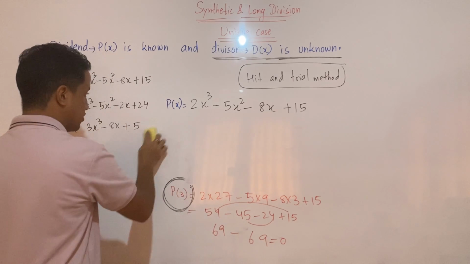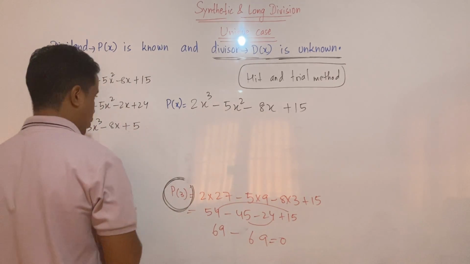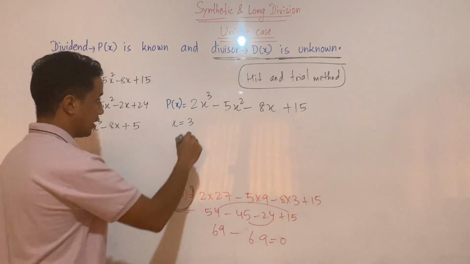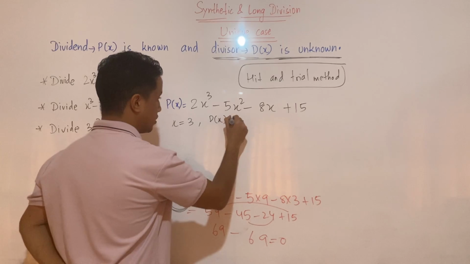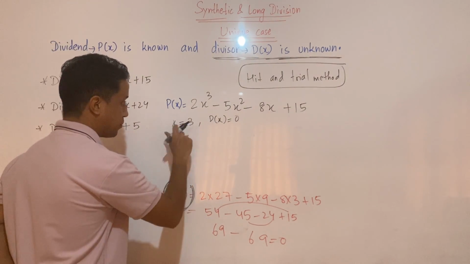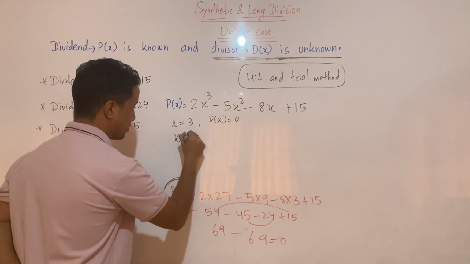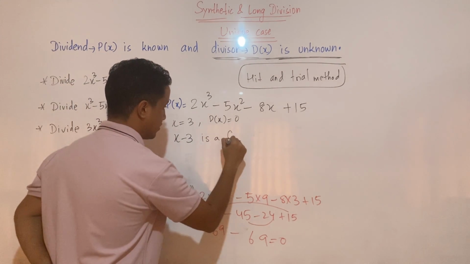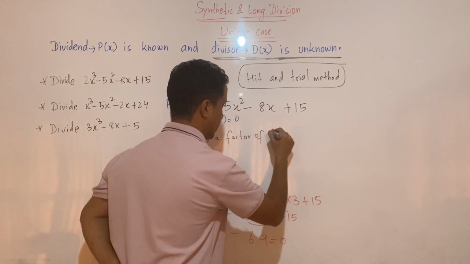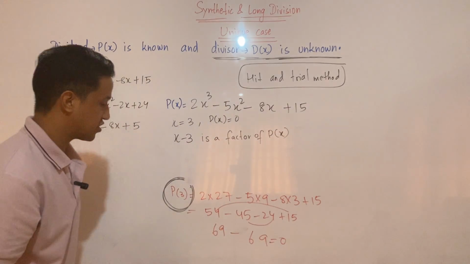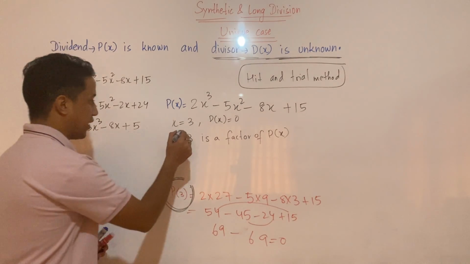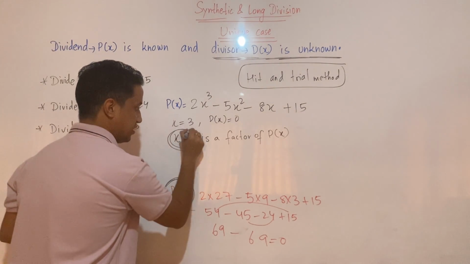So it means when I put the value of x equal to 3, p(x) becomes 0. What does it mean? It means x minus 3 is a factor of p(x). So now this can act as a divisor.